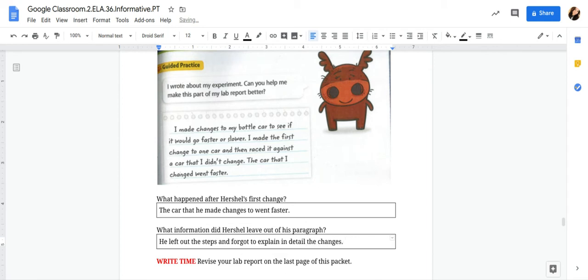He left out details. I want details. What changes did you make? Yeah, you made changes, but what kind of changes? I want to know the exact changes you made. Like, for example, I took out the bottle caps and replaced them with Lego wheels. That's a detail that I want you to put in there.